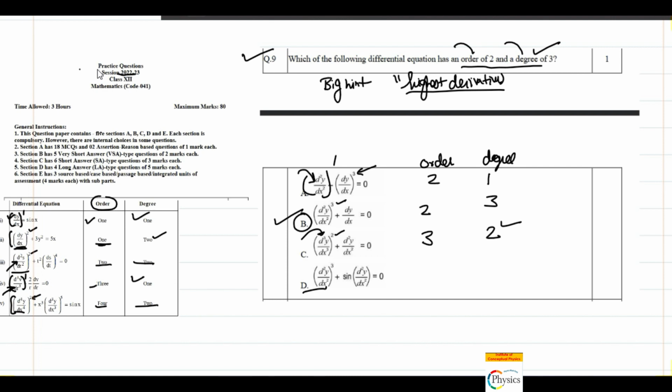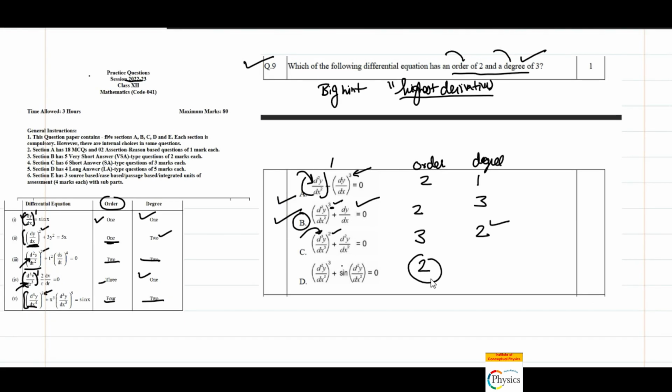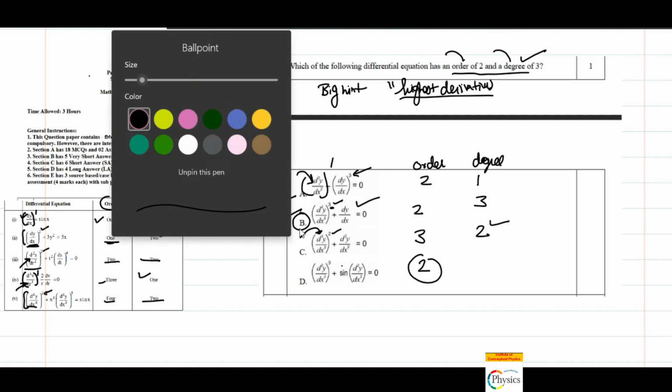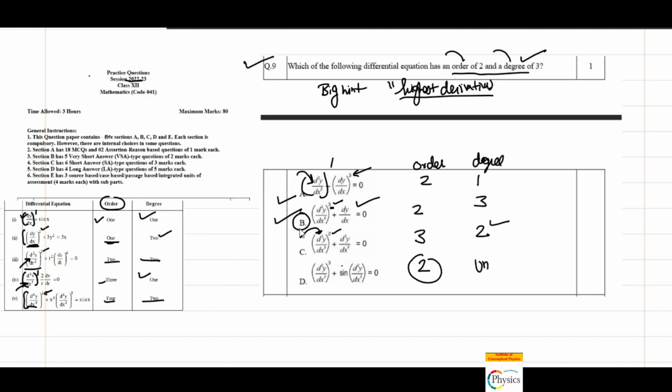Go to this one. You can see the order is 2, but here the derivative is appearing inside another function also, right? So the double derivative order is 2 and the degree is undefined. Now, when we say undefined degree, this is probably the tricky part of this question.